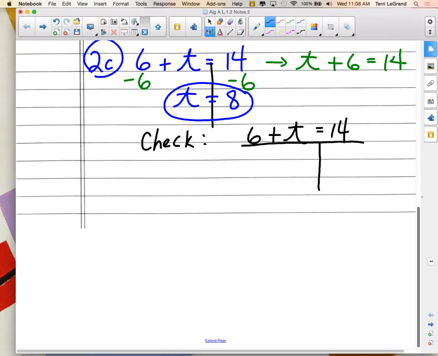We're saying when t equals 8, so that we're checking it out to see if 8 will make the whole equation true, right? Now, I don't even want you to look at that other side. I want you to look at this side only, and I want you to say, what is 6 plus 8? 14. Really? For sure? You're convinced it really is? Okay, then that's what we'll put. We'll bring down our equal sign. The other side has a 14. We can say it checks.